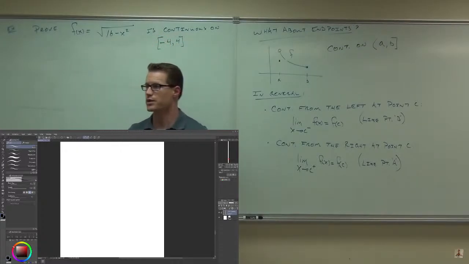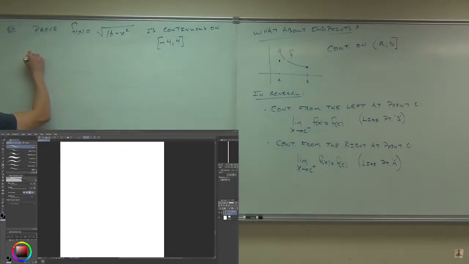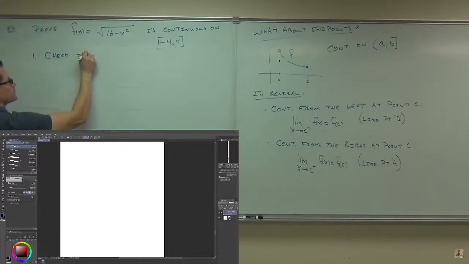This again involves three parts. The first step, we've got to check the open interval.